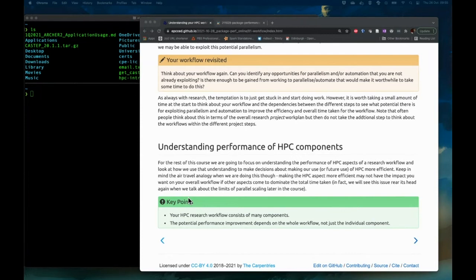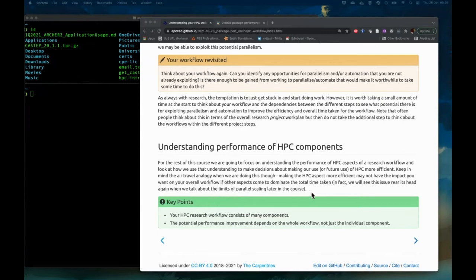But as I've said above, depending on how your workflow is structured, making your use of the HPC side more efficient may not have a huge impact on the overall length of the workflow. Even if it doesn't, it should make you more efficient in the use of the resources you've been granted for use on an HPC system such as Archer 2.